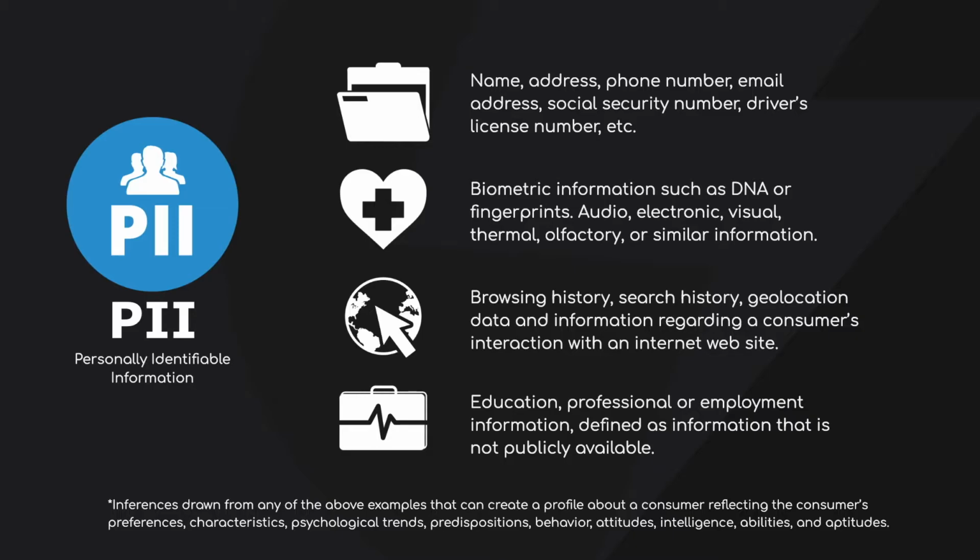So biometric information such as DNA or fingerprint information, audio, electronic, visual, thermal, olfactory or smell or similar information. Additionally, when you're looking at your digital marketing and digital presence, things like browsing history, search history, geolocation data, and information regarding a consumer's interaction with an internet website can also be considered PII when bundled with name, address, phone number, email, or other information that can allow you to identify a specific person.